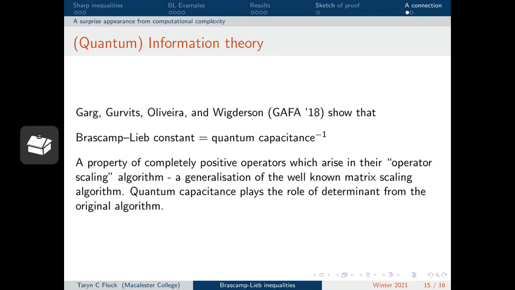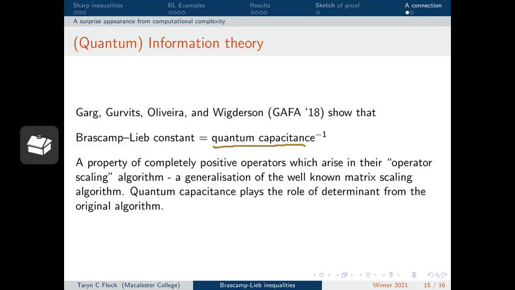In the 2000s, this algorithm was generalized to the setting of operators, or here you can also think of symbolic matrices. These are matrices that are defined in terms of a family of linear maps, just like our Brascamp-Lieb inequalities. This operator scaling algorithm again proceeds by making successive improvements until an appropriate fitness condition is reached, and this quantity is measured in terms of quantum capacitance.